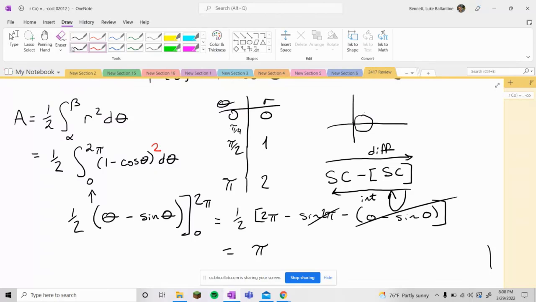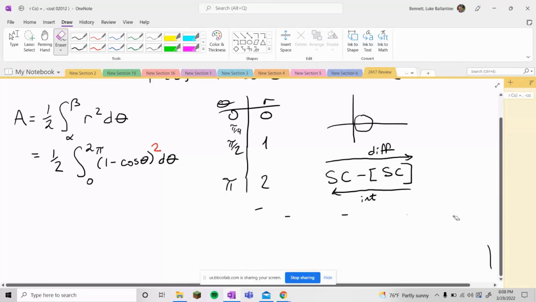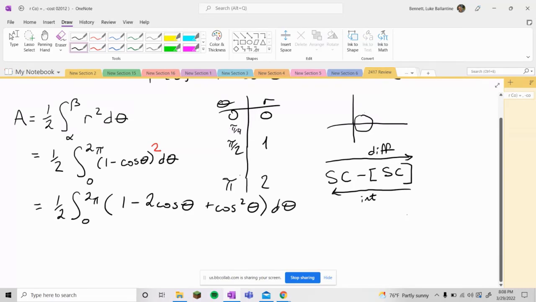So then this changes the antiderivative. So this is 1/2 the integral from 0 to 2 pi, 1 minus 2 cosine theta plus cosine squared theta d theta.